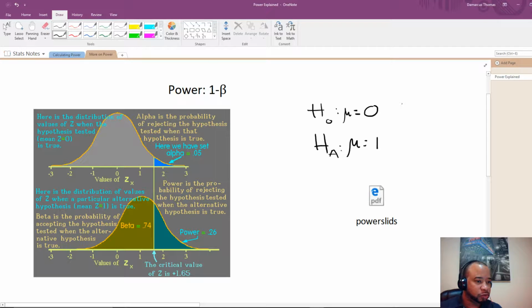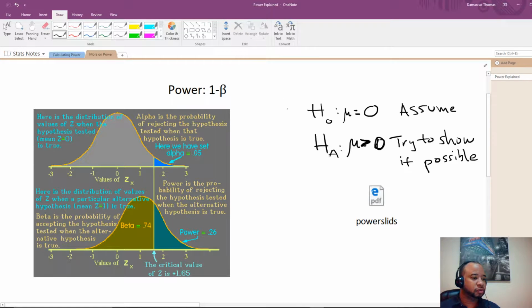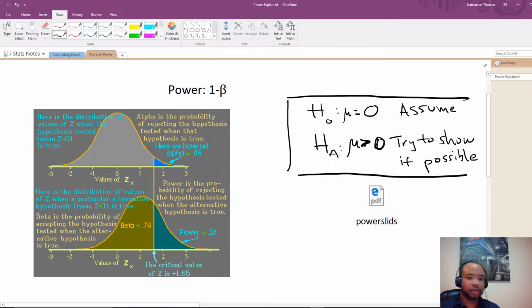And what we do is assume the null is true and try to show, if possible, actually we should say, so here's our statements, our null hypothesis, alternative hypothesis.